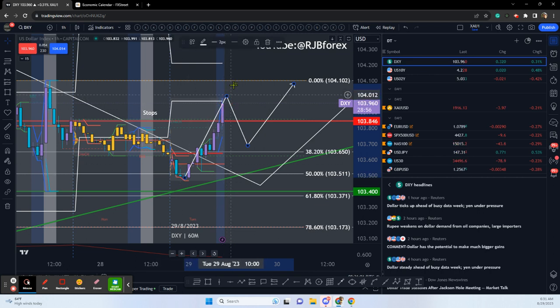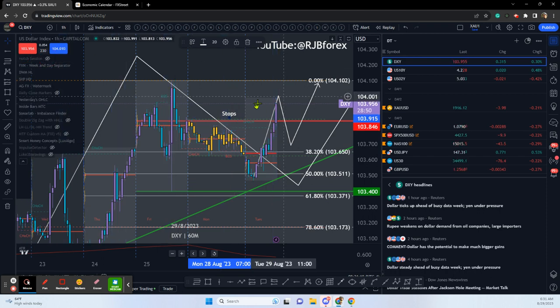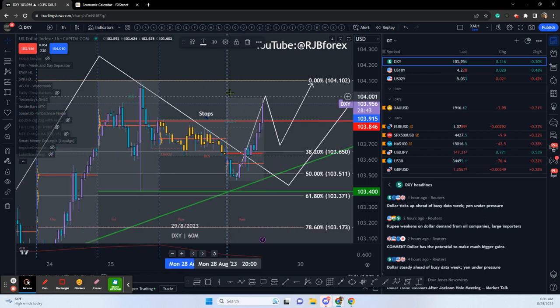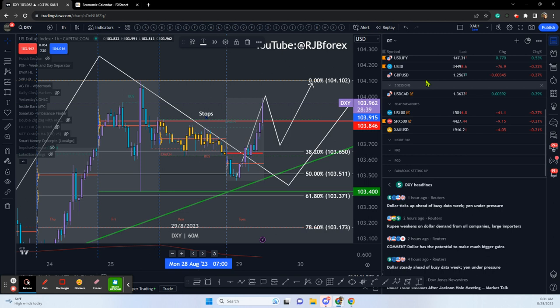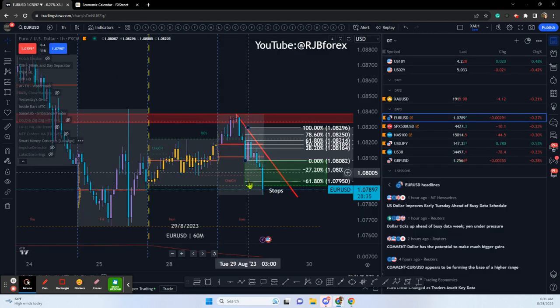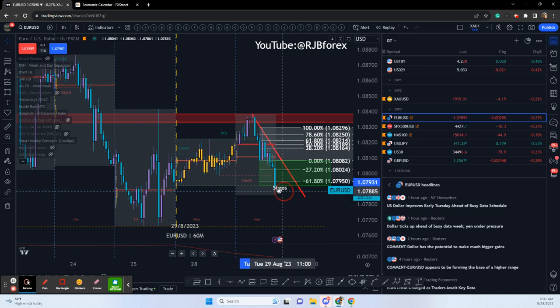So this dollar has come up into those stops as we talked about earlier. So could this be the pump before the dump? And in that respect, the euro dumping before the pump. It's coming to stops as we talked about.